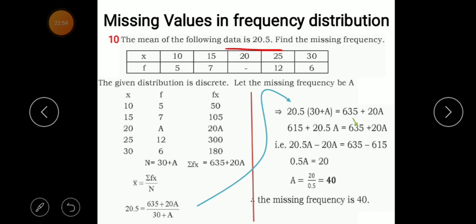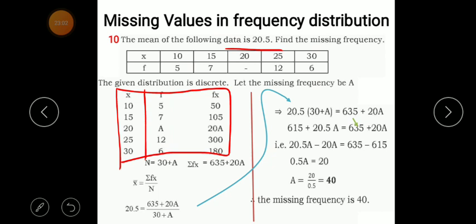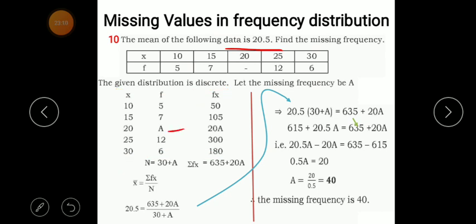So the only way is to find the mean of the discrete data. X, F, then the next thing you find out is Fx. This you have done previously also. Here you would consider the missing frequency as A, so 20 into A is 20A. Algebra, your algebra should be very good in this.